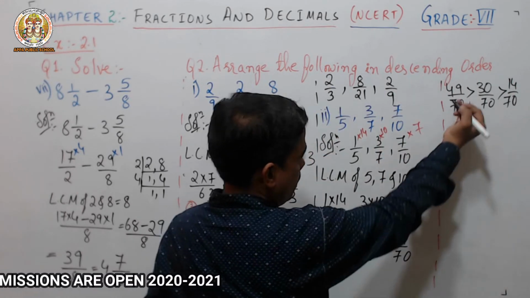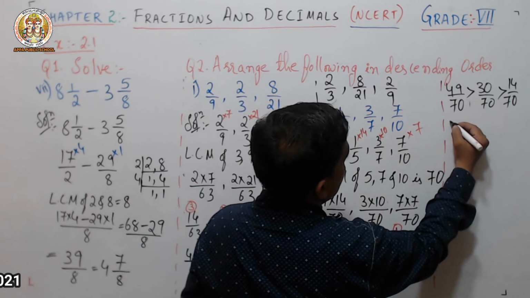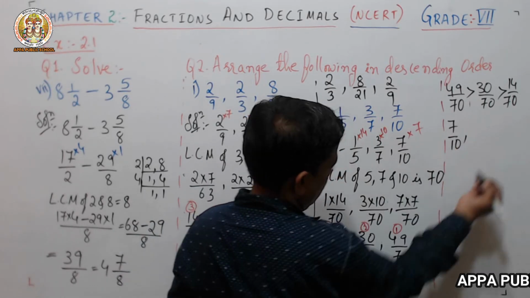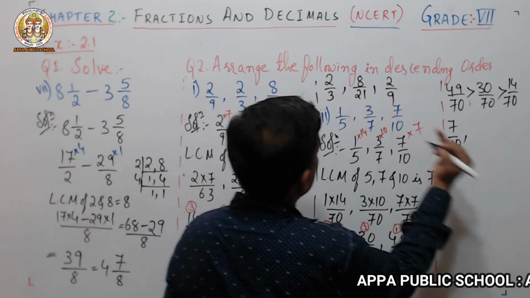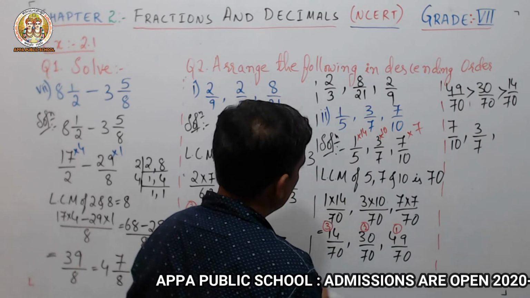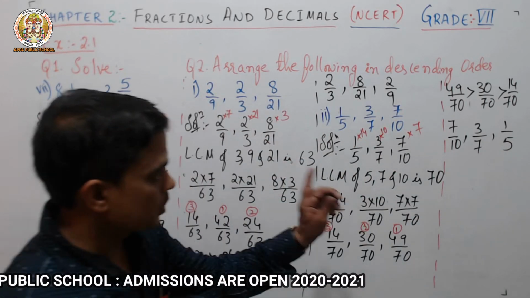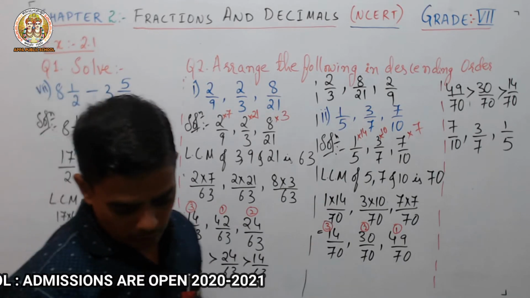Next, 49 is the last number, that is, I'll write it as 7 by 10, comma, middle number, that is 3 by 7, comma, the last number 1 by 5. This is in descending order. 7 by 10, 3 by 7, 1 by 5.